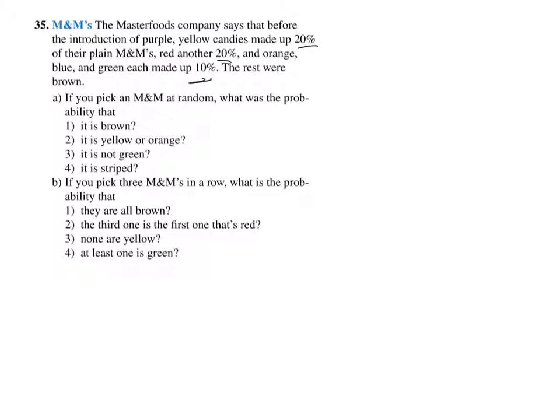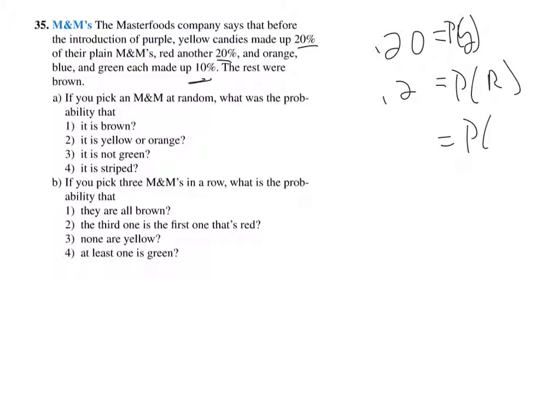So if I add up these probabilities, well, that's 20 for the yellows, 0.2. The probability of red was another 0.2. The probability of orange was 0.1. Probability of a blue was 0.1.